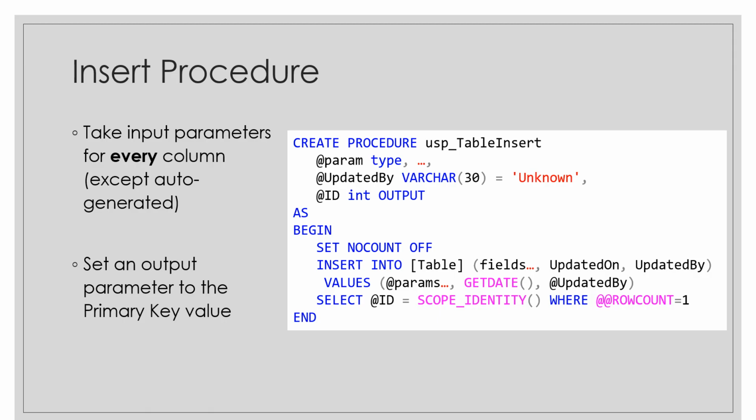It might not have raised an error, but it didn't insert, so our count would be 0. And so that way we would know not to try and pull our scope identity, because a new value was not generated for a new primary key. So we only provide a value to that output parameter if a value has actually been created.